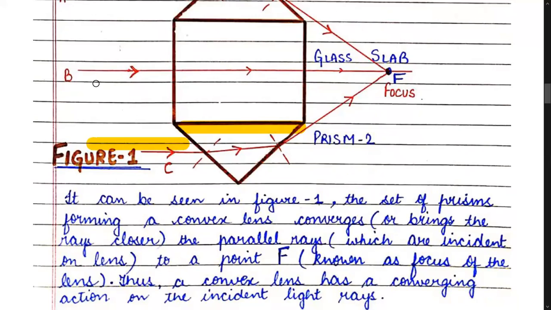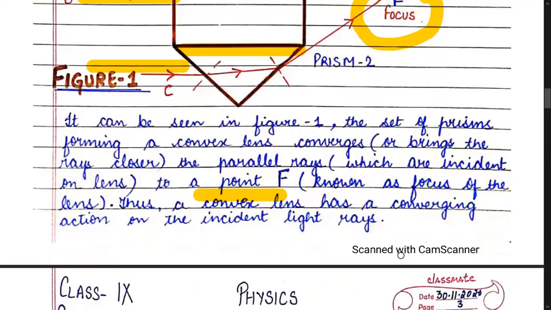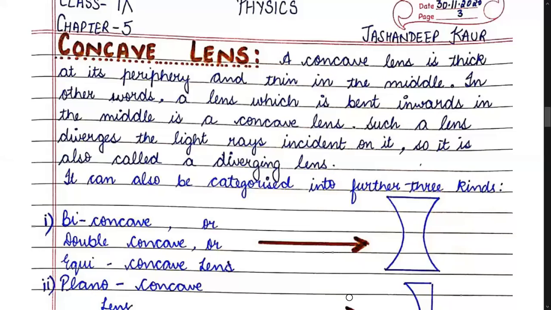The parallel rays which were incident on the lens are brought closer to a point F, which is also known as focus of the lens. Thus, a convex lens has a converging action on the incident light rays.